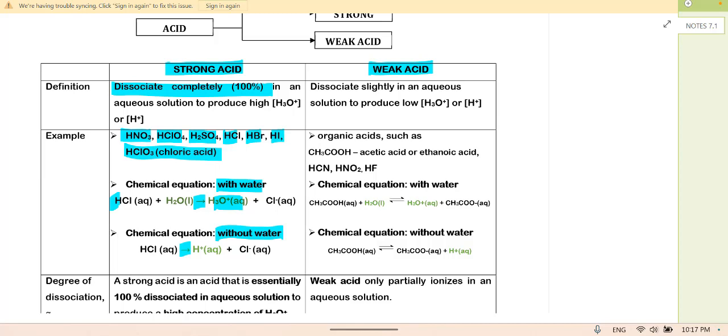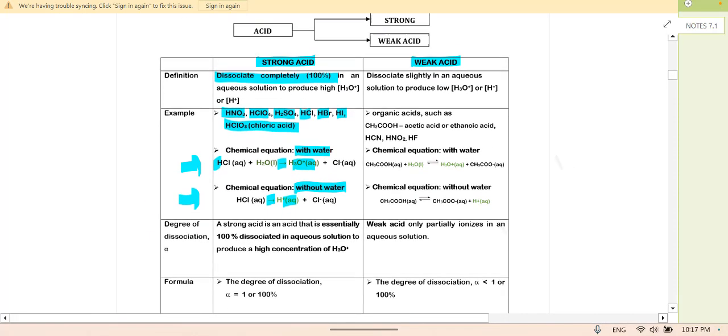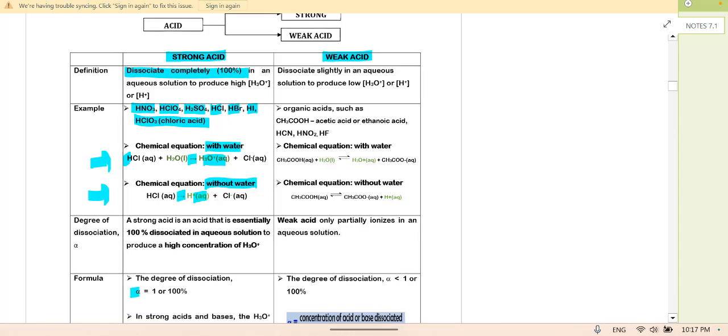Without water, the product will be H+. We call this the dissociation equation, and this equation is very important when you want to calculate pH. For strong acid, the value of alpha will be 100% dissociation.